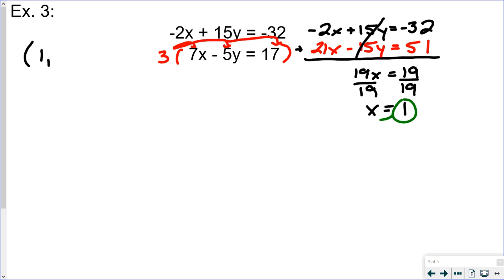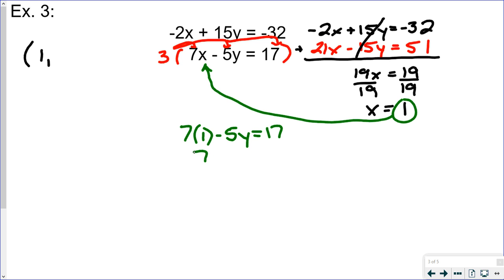I could plug it into the top one. That would be fine. So when I plug that in, I get 7 times 1 minus 5y equals 17. So that's 7 minus 5y equals 17. Subtract 7 from both sides. Now I have negative 5y equals 10.